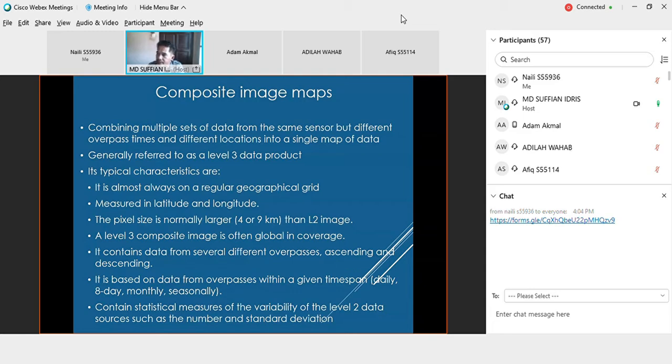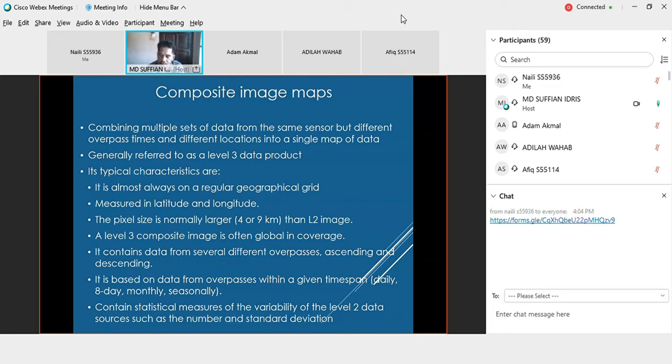So it's typical characteristic of a regular geographic grid dan juga measure in latitude and longitude. So walaupun dia dalam global scale, dia akan bagi dalam latitude and longitude punya projection. And there's the pixel size or resolution is normally larger, 4 to 9 km.